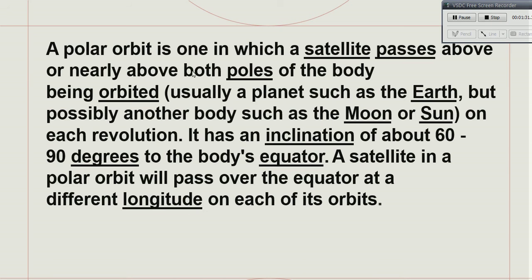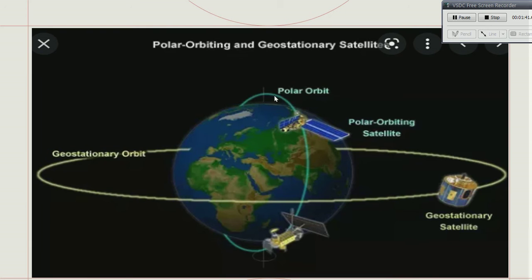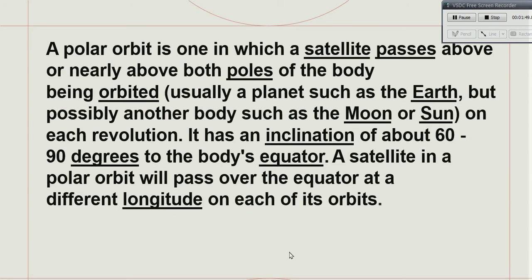Now a polar orbit is one in which a satellite passes above or nearly above both poles. Let's see the diagram again. Suppose this is the north pole, this is the south pole. So it just passes over the north pole and south pole. That's why it is called a polar satellite, and this orbit is called polar orbit.